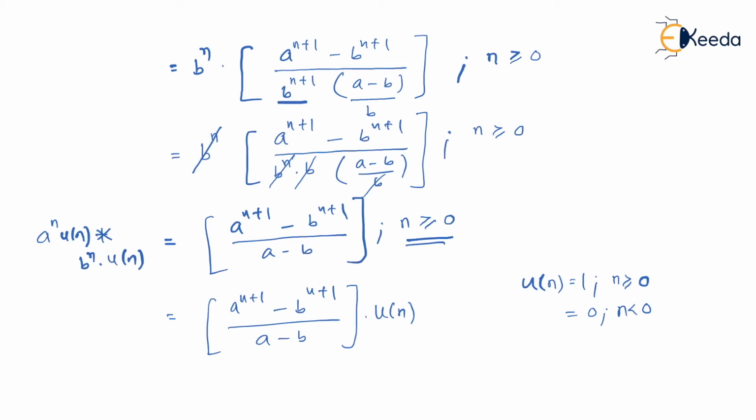So what it actually shows you is that a to the power n u of n, when you convolve with b to the power n u of n, is equal to this whole term multiplied by 1 itself if n is greater than or equal to 0. But the moment n is less than 0, this whole convolution results in 0. So this is a very important result that you need to remember.